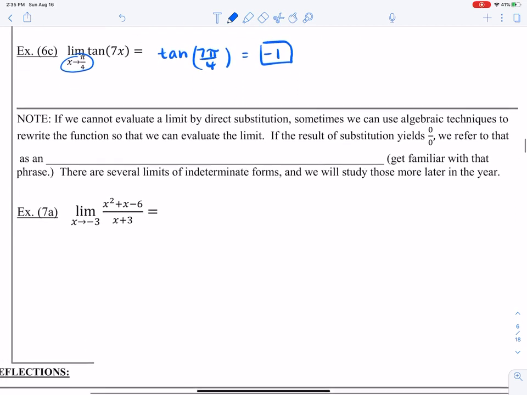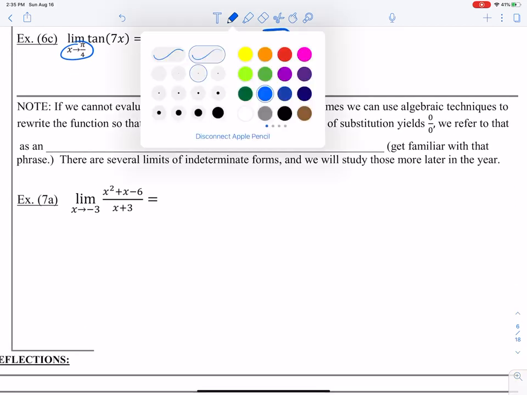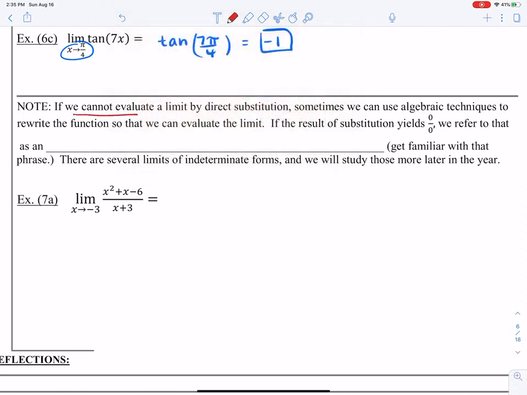But there are going to be moments where you can't get a limit. If you cannot evaluate the limit using direct substitution, we're going to learn some algebraic techniques to rewrite the function so that we can evaluate the limit. If substitution yields 0 over 0, we call this an indeterminate form, which means I can't really tell what it is. 0 over 0 is not 0.